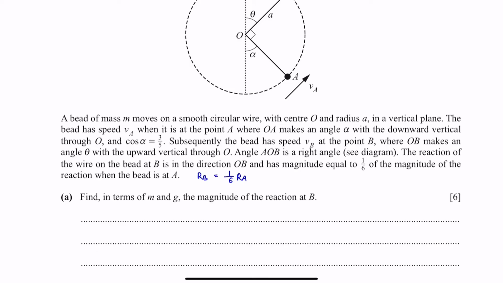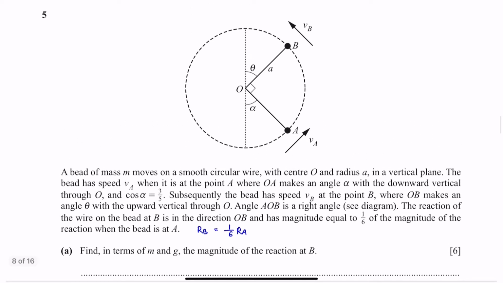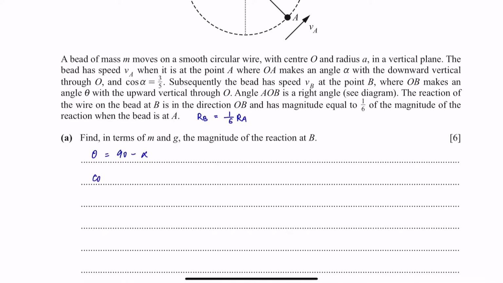First off, we know that this is 180 degrees. So theta is equal to 90 minus alpha. That's why cos theta would be cos of 90 minus alpha, which equals sine alpha.